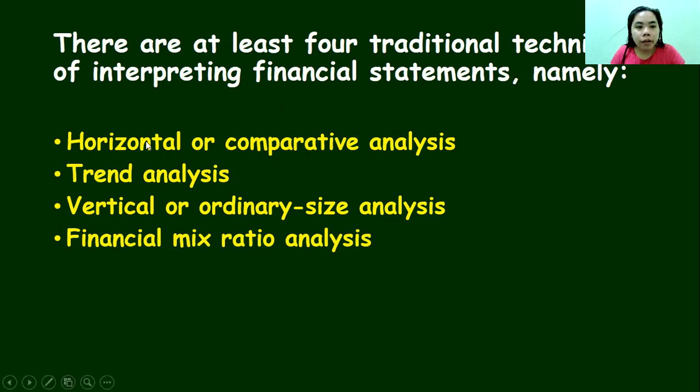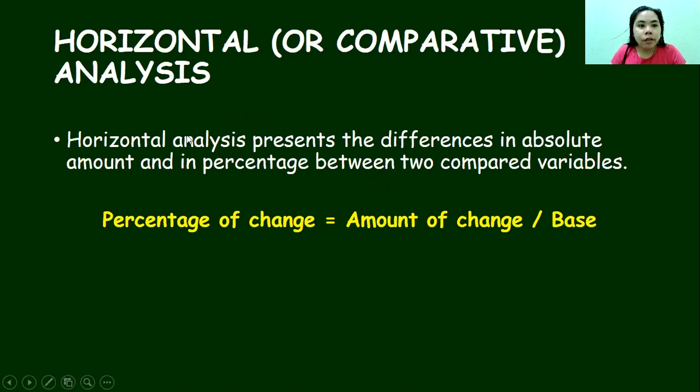So we'll start with the horizontal or comparative analysis. Horizontal analysis presents the differences in absolute amount and in percentage between two compared variables. When we speak of horizontal analysis, we analyze financial statements and financial data in a horizontal manner.